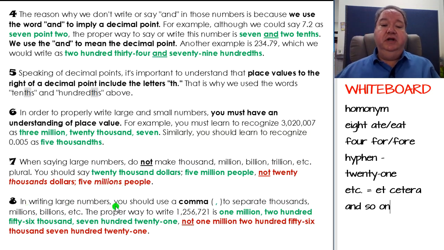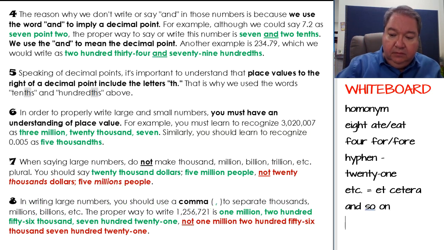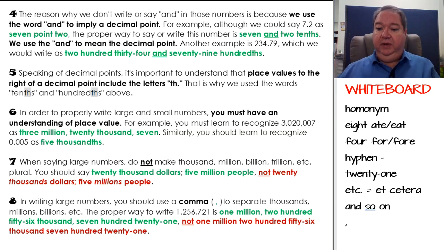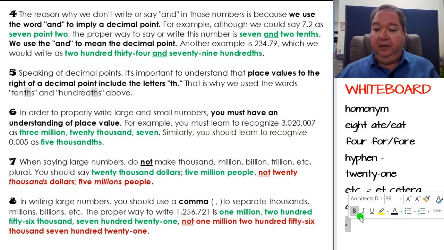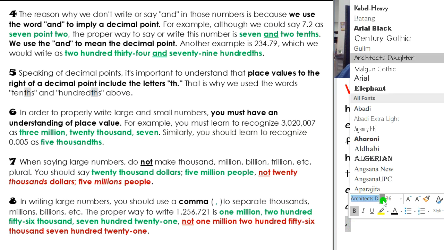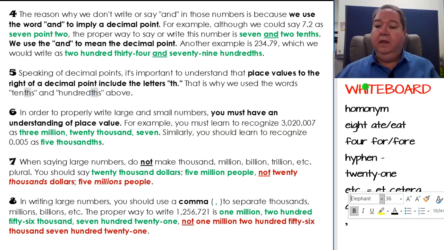In writing large numbers, you should use a comma. A comma, curved a little bit. Let me use a different font here to make that show up a little bit better. Different fonts display it a little bit differently. This one makes it look really clear.